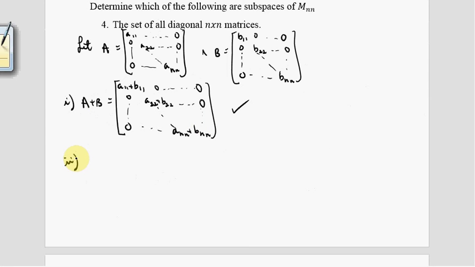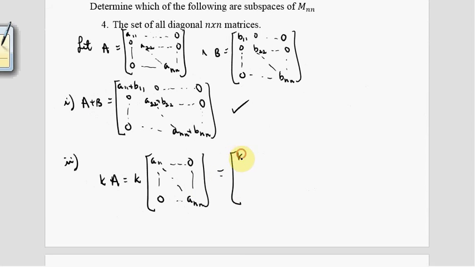Secondly, does multiplying by a scalar throw off the form of the matrix such that the result is not diagonal? It's still diagonal. So some scalar k times the matrix A is equal to kA11, up to kA_nn.